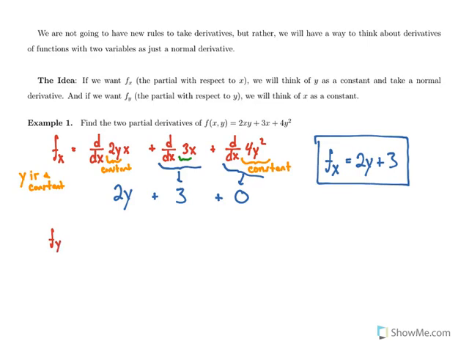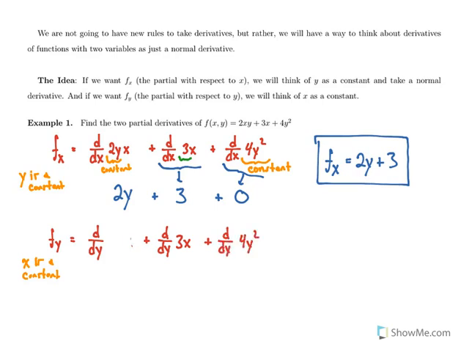All right, let's do the same thing now. For f sub y, this time, x is a constant. So this is going to be the derivative with respect to y of 2yx, plus the derivative with respect to y of 3x, plus the derivative with respect to y of 4y squared.